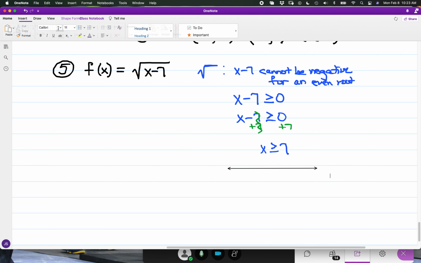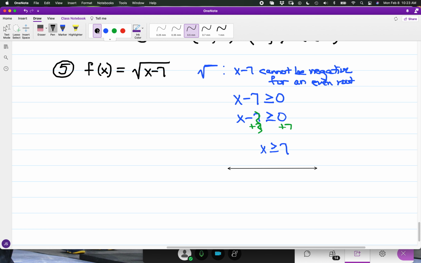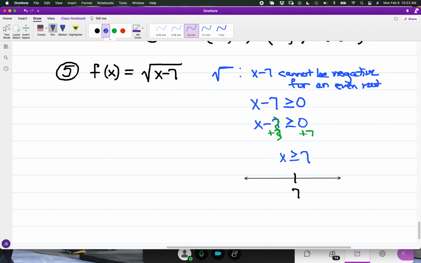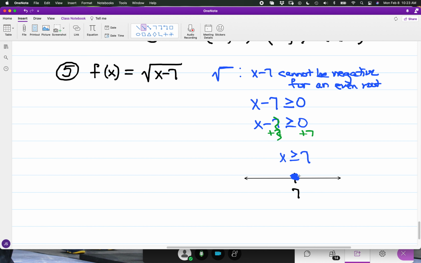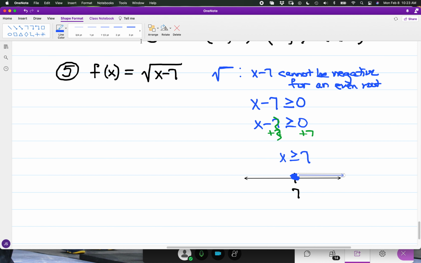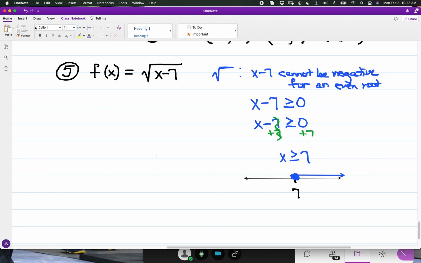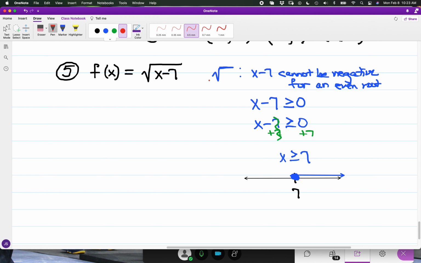And just looking at what we have visually, the equal part in the inequality tells us that 7 is included, and the rest of the values will be greater than. So in this case you have a ray that's going to go out to the right, continuously running out in the direction of positive infinity.